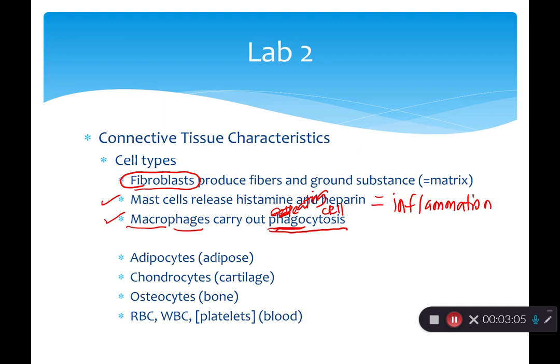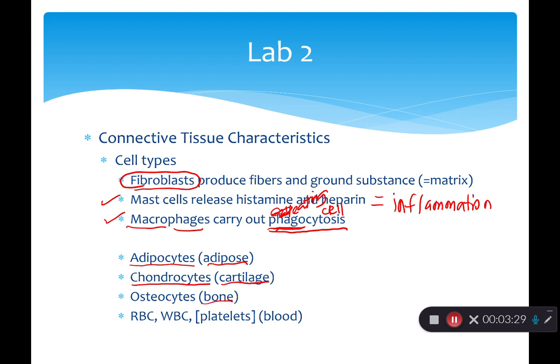Now, some of our connective tissues are specialized and have specialized cells in them. So for example, in adipose, another word for fat, we have adipocytes. In cartilage, we have chondrocytes. Cyte means cell. Chondro refers to cartilage.